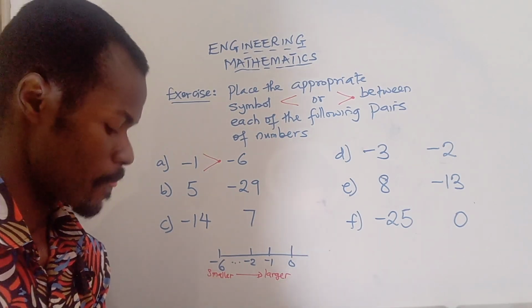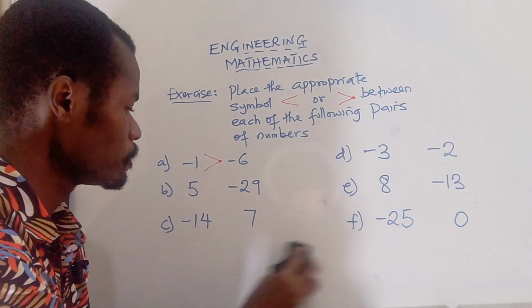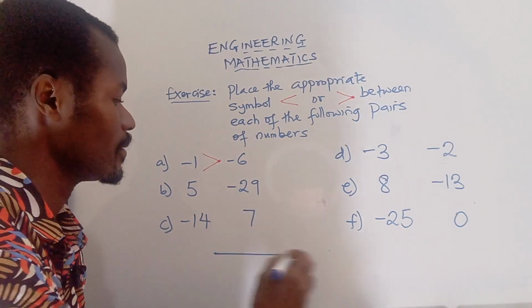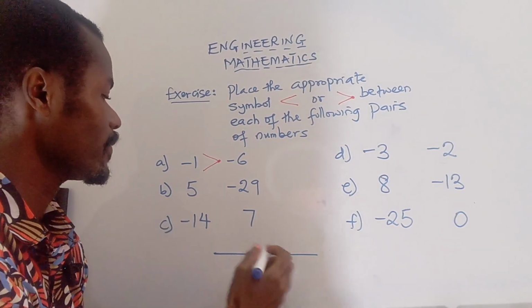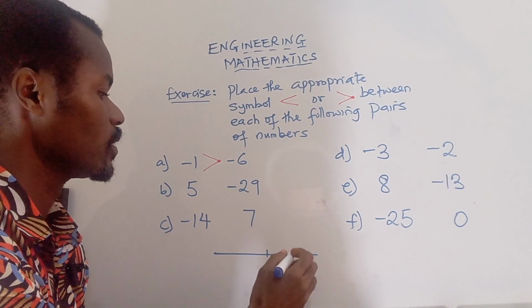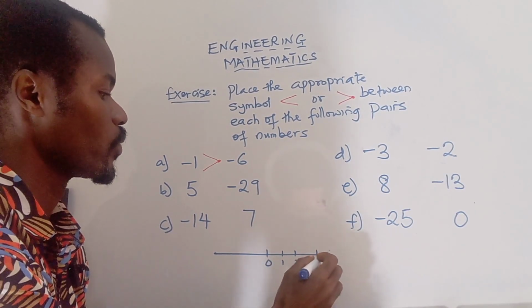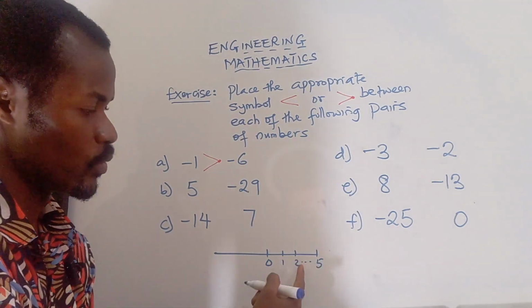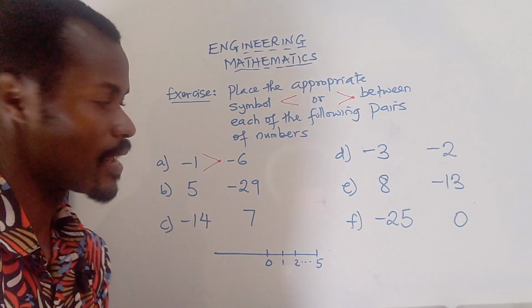Now for the next one, I'm going to draw the line. We have 5, so we have 0, 1, 2, and down to somewhere here, which is 5. So there are 2, 3, 4, and down to 5.